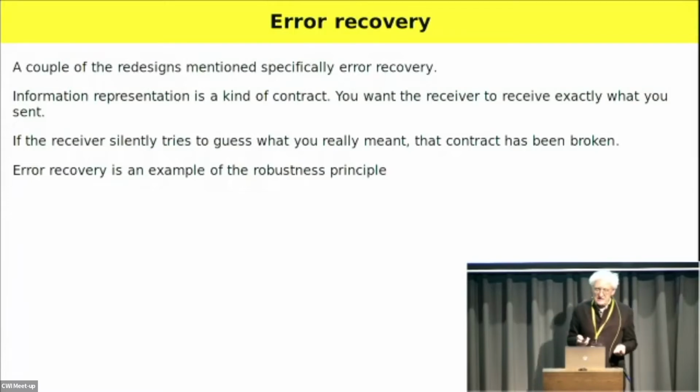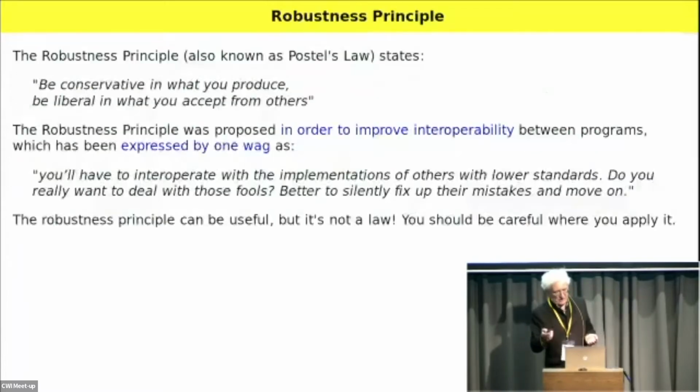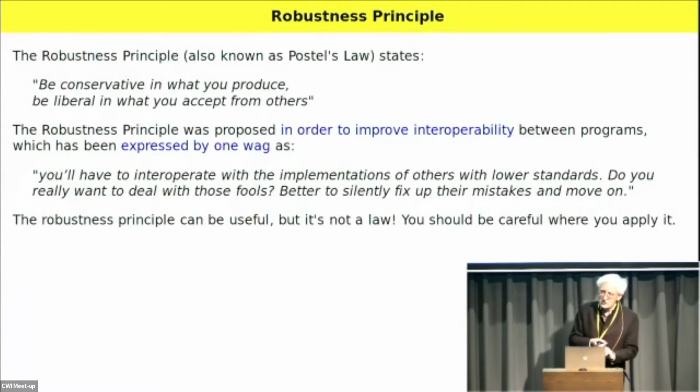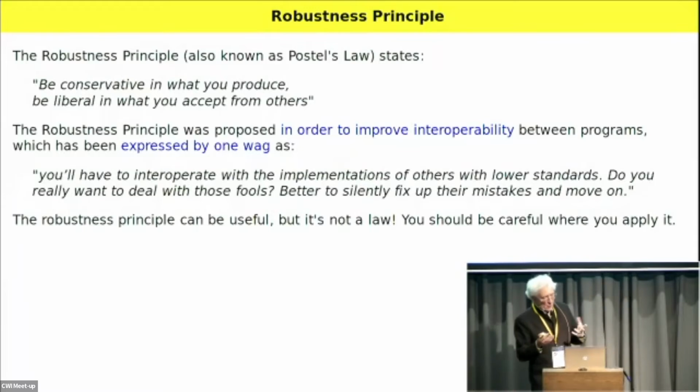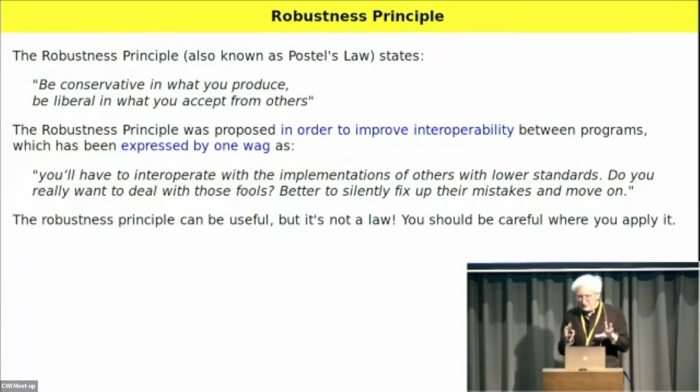Now, error recovery is an example of the robustness principle, which I'll talk about in a bit more generality, also known as Postel's law, which says, be conservative in what you produce, be liberal in what you accept from others. The robustness principle was proposed in order to improve interoperability between programs.